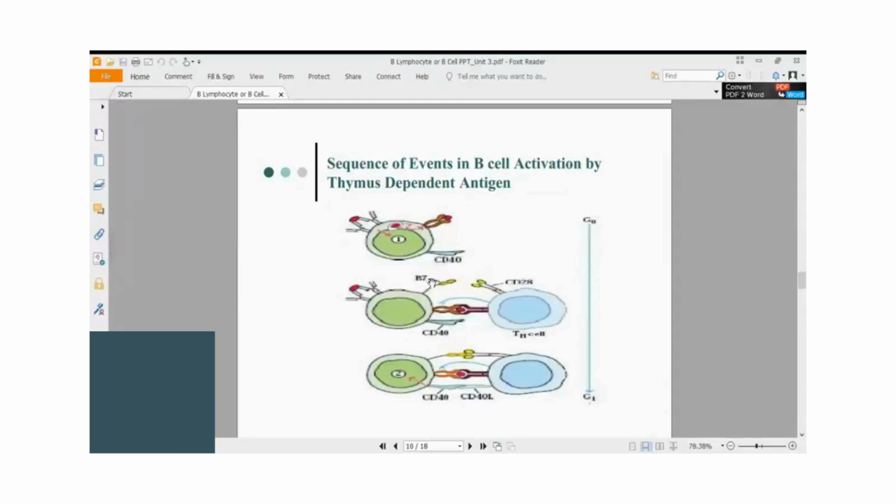That will come at the end. We will not talk about it now. B7.1 will establish contact with CD28. So the three different receptor contacts are called the B cell T cell conjugate, which is a synapse. By then, the T lymphocytes, that is TH cells, as well as B cells have gone into G1 phase.